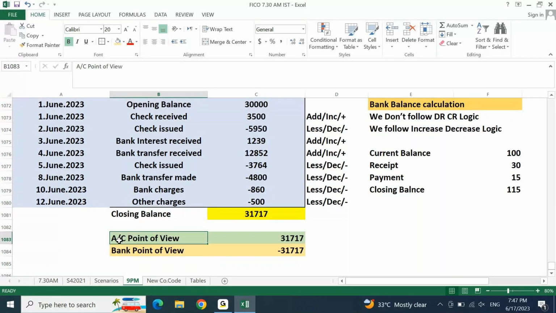Your general ledger balance report and your bank statement report must have the same number. One side it will be a negative number, on the other side a positive number. Apart from that, there is no change. Clear?